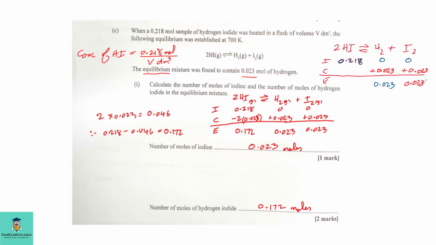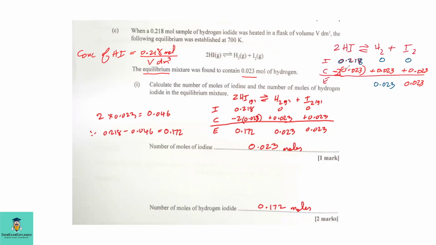We just calculated that, and we know the moles of hydrogen at equilibrium given in the question. So with that, we can now find the moles of HI at equilibrium. Looking at the stoichiometric ratio, because HI is on the reactant side, we're going to be subtracting 0.023 times 2, because the mole ratio is 2.